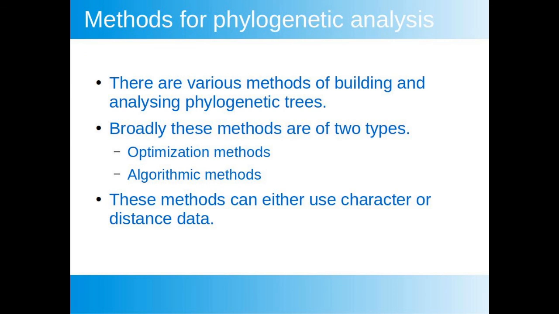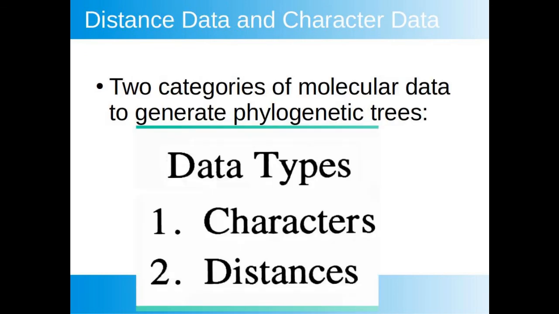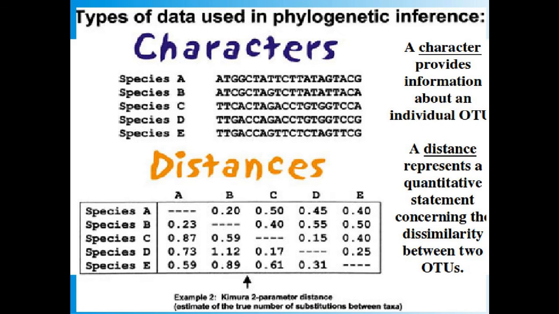So, characters and distances are the types of data used in phylogenetic inference. A character provides information about an individual operational taxonomic unit, whereas a distance represents a quantitative statement concerning the dissimilarity between two operational taxonomic units.